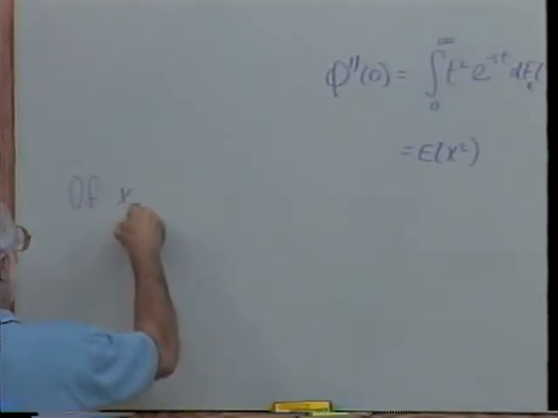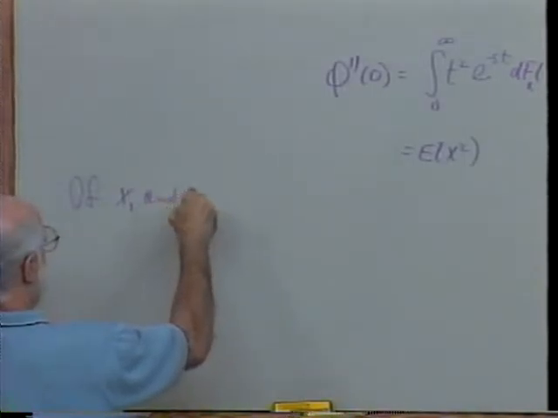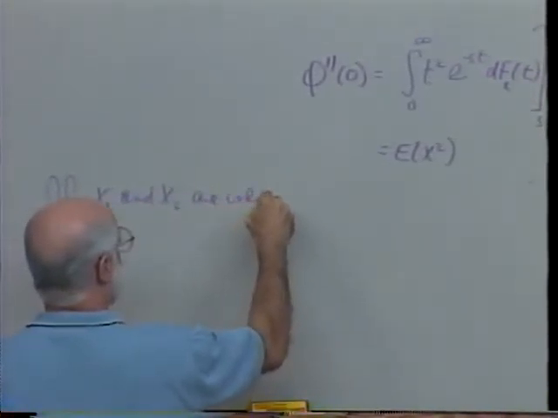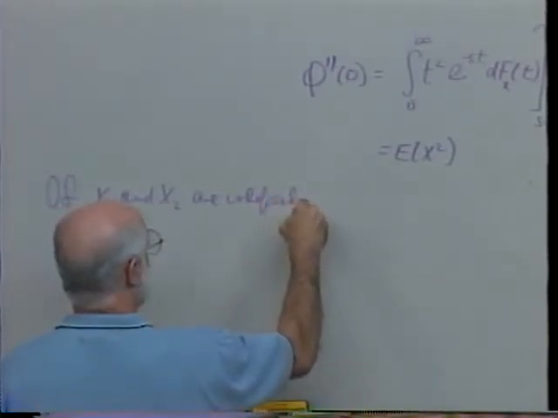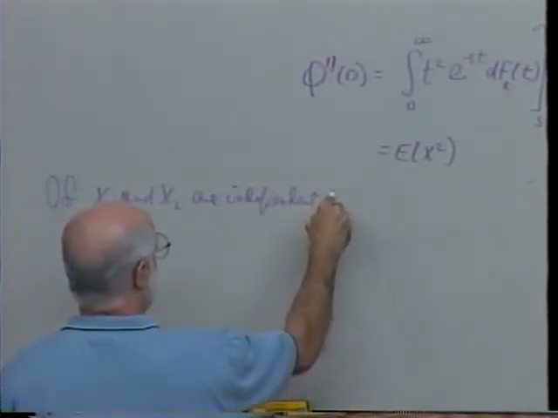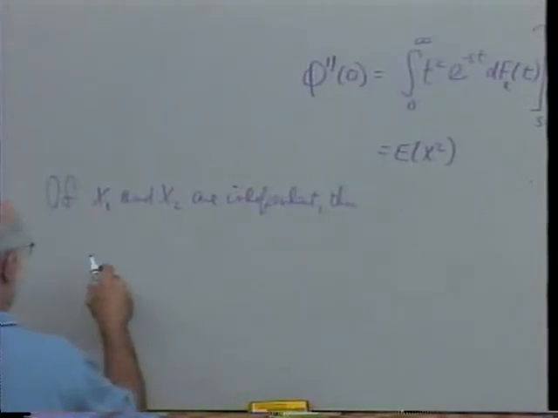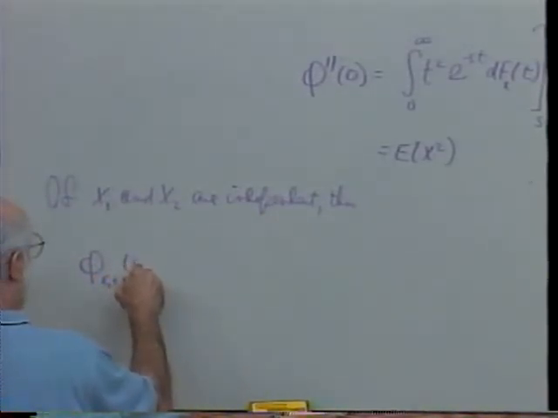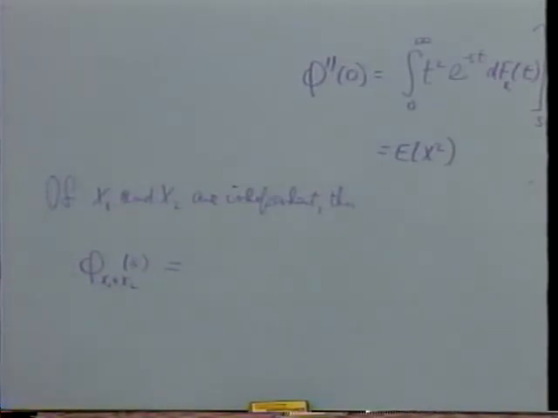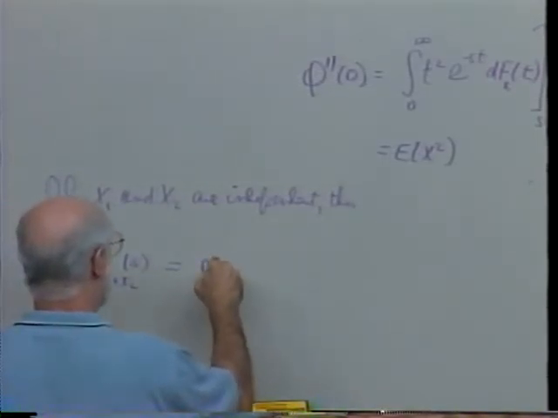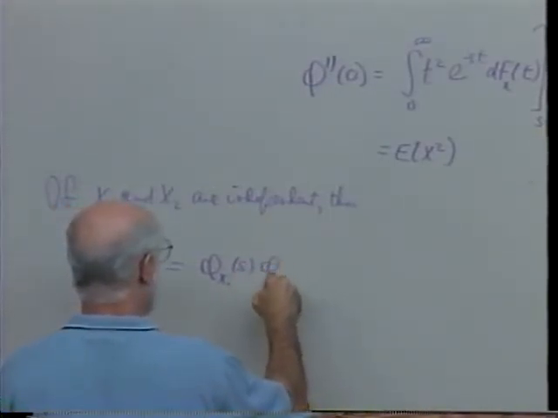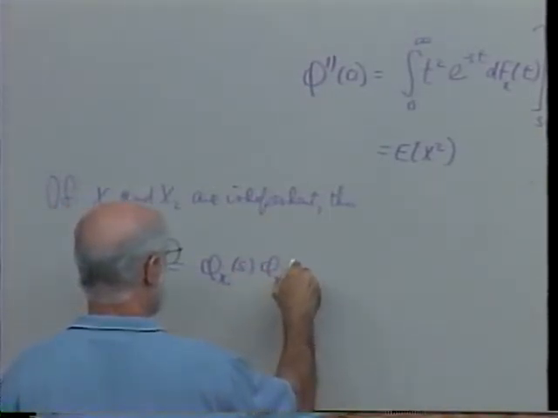If x1 and x2 are independent, then the Laplace-Dirichlet transform of x1 plus x2, the sum, is equal to the product of the Laplace-Dirichlet transform of x1 times the Laplace-Dirichlet transform of x2.